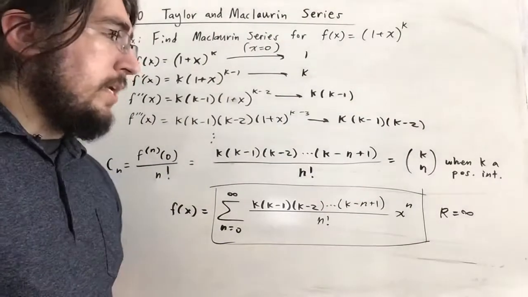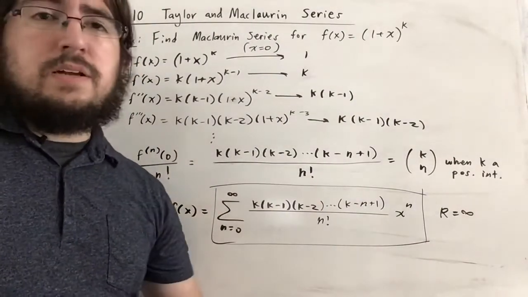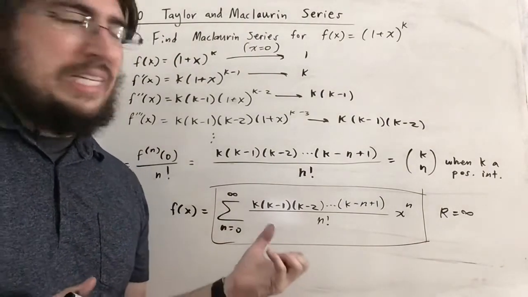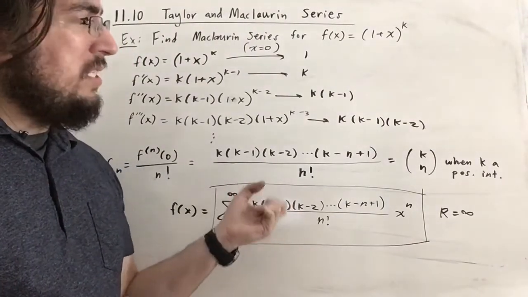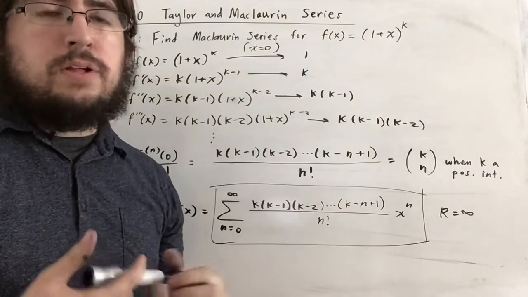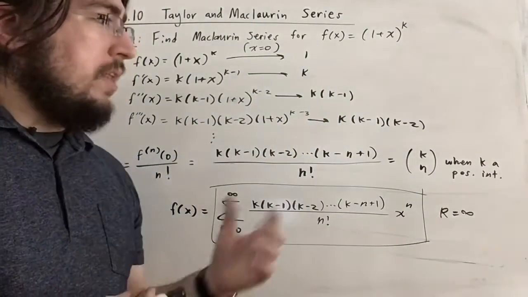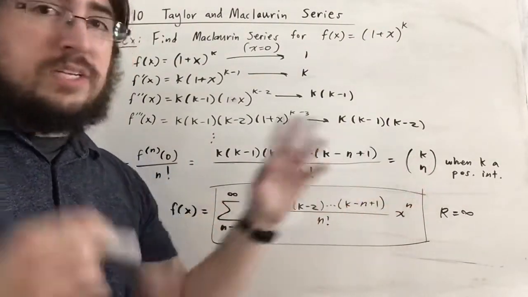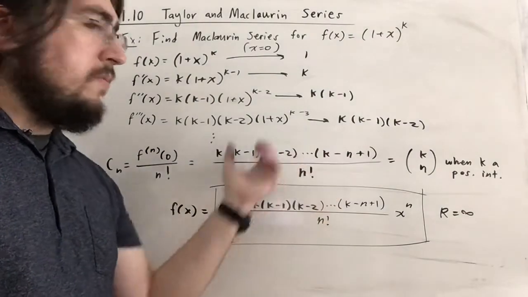So really a radius of convergence of infinity. All right, so that's kind of neat. Now the reason why I wanted to go over this is because even though, like I said, this is really just expanding a binomial, it's true for any value of k if you take this binomial coefficient, quote-unquote binomial coefficient, to be this.